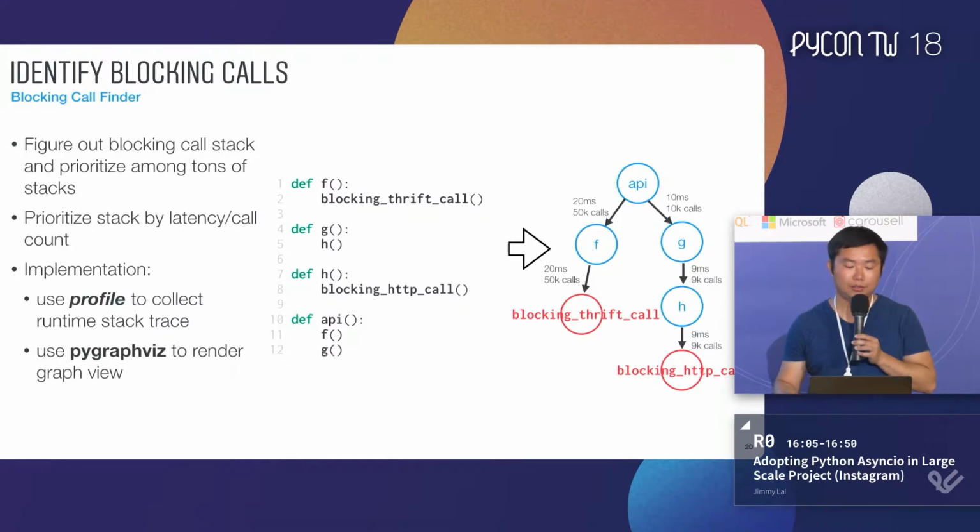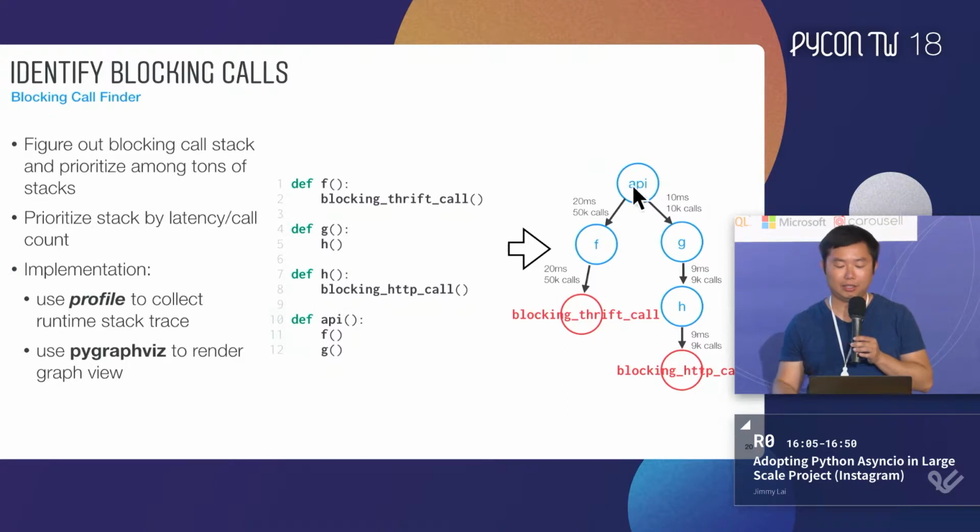And in order to identify blocking calls, we built a tool, the blocking call finder. It's because our code base is really big, and we want a good way to prioritize our work. So given this function call stack, F calls blocking thrift, and G calls H, which calls a blocking HTTP call, we want to represent it in a tree-like visualization like this.